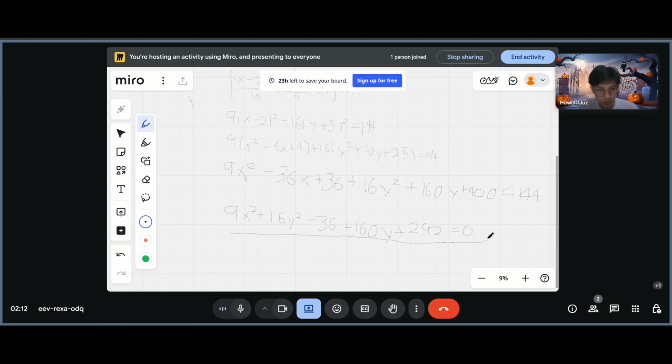So we have our general form, from general to standard.